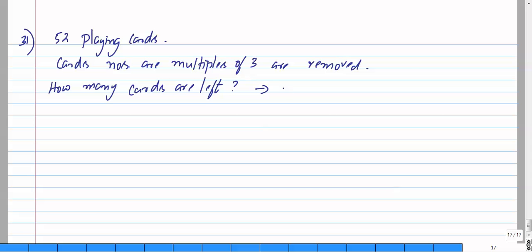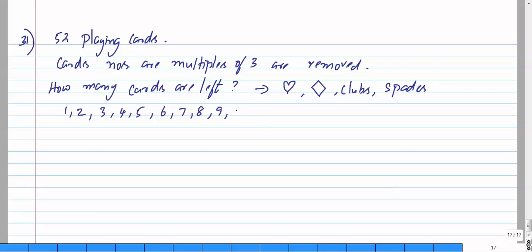So there are totally 4 suits. One is the hearts, diamond, clubs and spades. So in each suit I have numbers 1, 2, 3, 4, 5, 6, 7, 8, 9, 10.